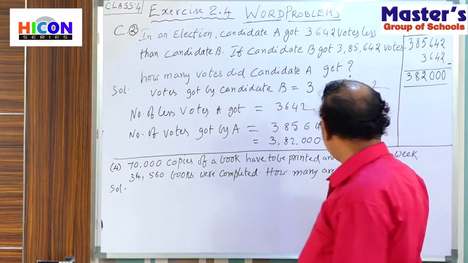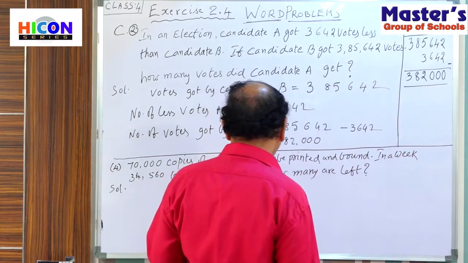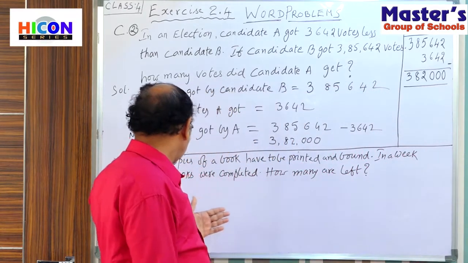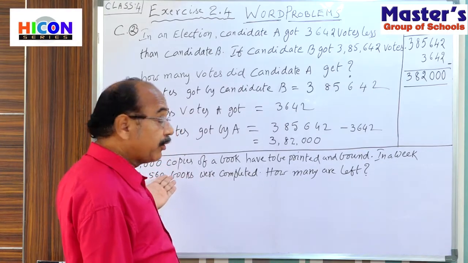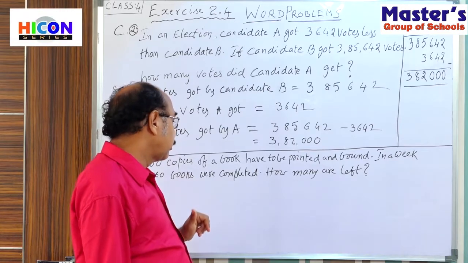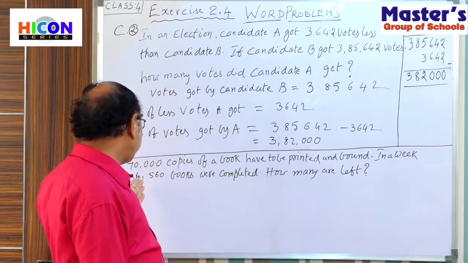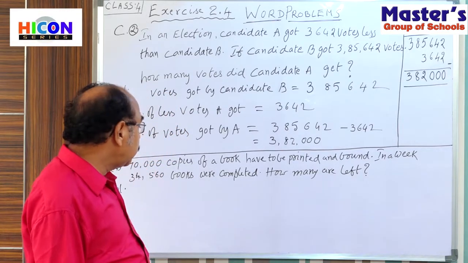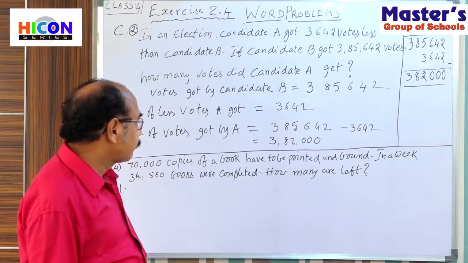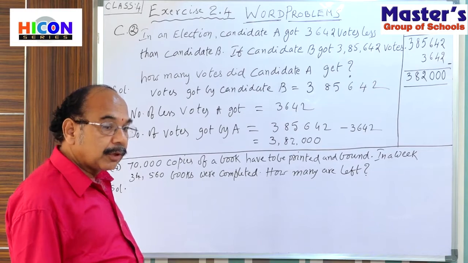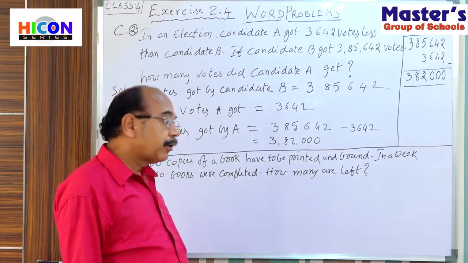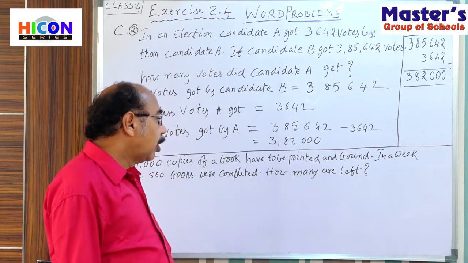But what happened here? In a week, only 34,560 books were completed. Remaining books not completed, not printed and not bound. How many are left?